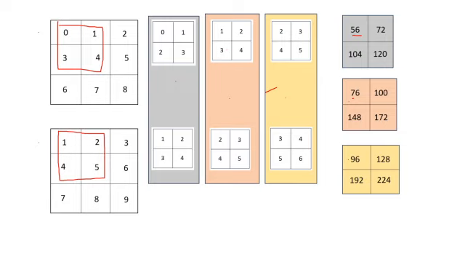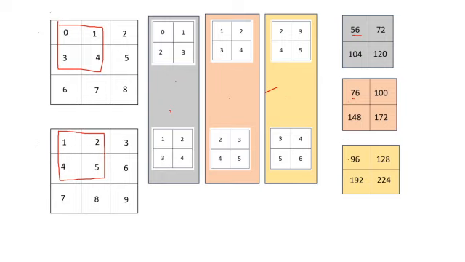For each output channel, the kernel sets will be different, and that kernel set will be acting on the input image, and from there you will get the hidden representation for that particular channel.